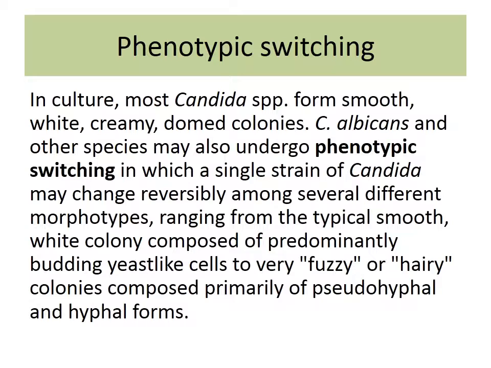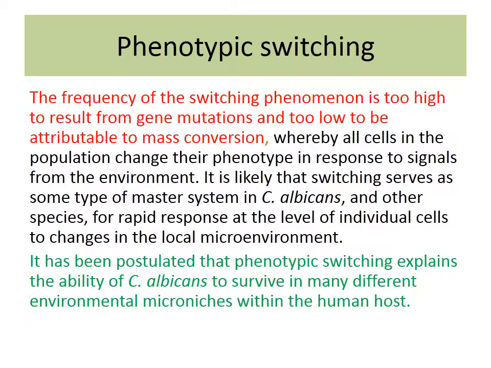Because treatment-wise, we will have a problem in future if the microorganism is mutating. You can see from here that the frequency of the switching phenomenon is too high to result from gene mutation and too low to be attributable to mass conversion. If you remember the chances we discussed in terms of mutation causing problems, normal mutations do occur in all human beings, but the incidence is too low to cause any obvious effect.